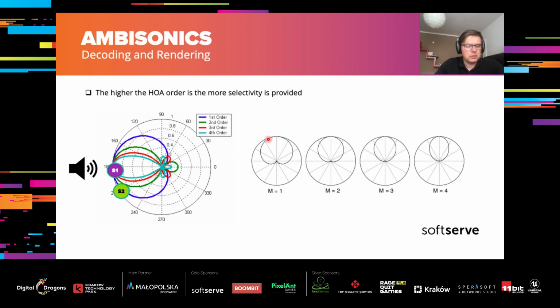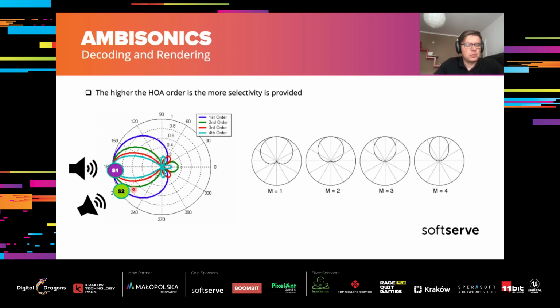So when decoding higher order ambisonics, and we would like to have also properly reproduced the energy generated by source number 2, we would need another speaker position at the angle of 220 degrees.